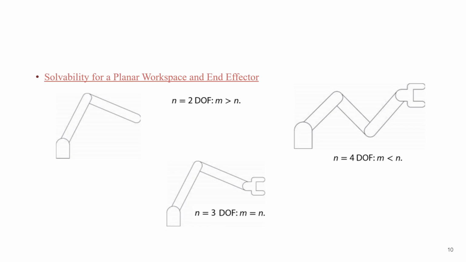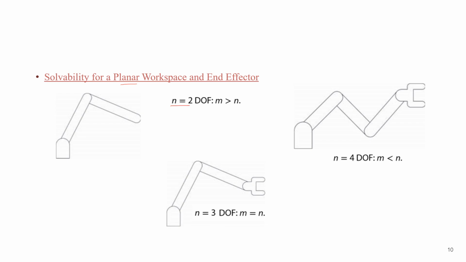Let us learn the solvability issues by considering this example. It is a planar workspace. In the first case, as you see, there is no end effector orientation. The first two links are sufficient to position, but the end effector orientation cannot be achieved, right?